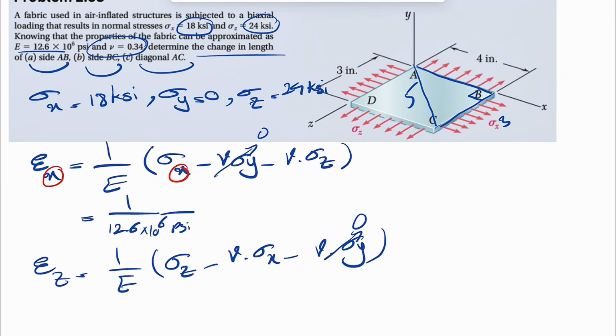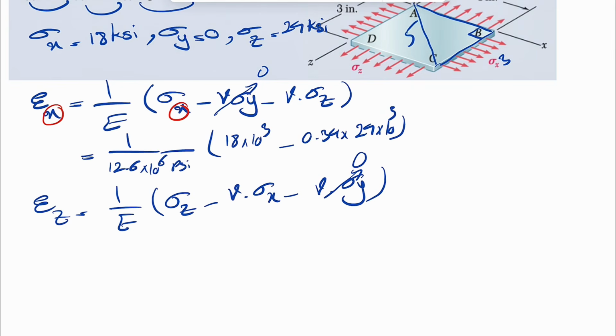Keep in mind that this is in psi and our sigmas are in ksi, so we need to be consistent with the units, and we know 1 ksi is equal to 1000 psi. So we multiply the stresses by 1000: 18 times 10 to the 3 minus Poisson's ratio 0.34 times the z stress, 24 times 10 to the 3. That gives us the strain in the x direction.